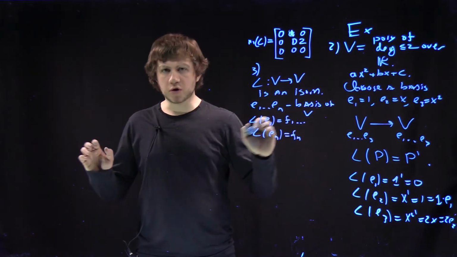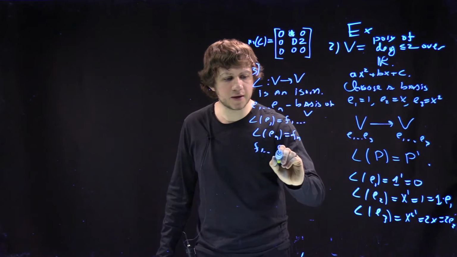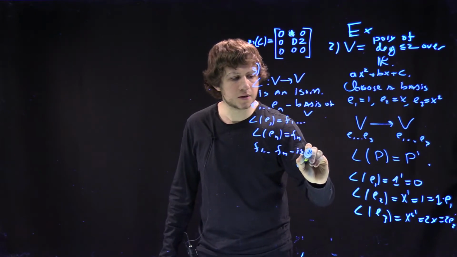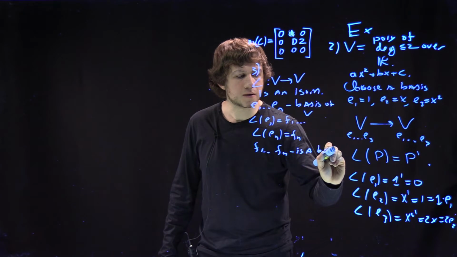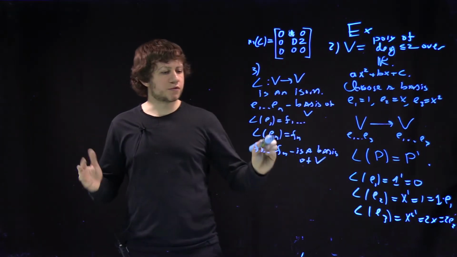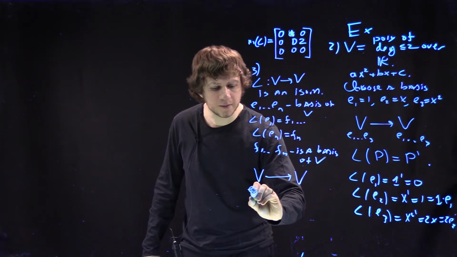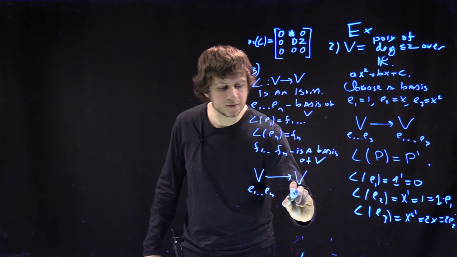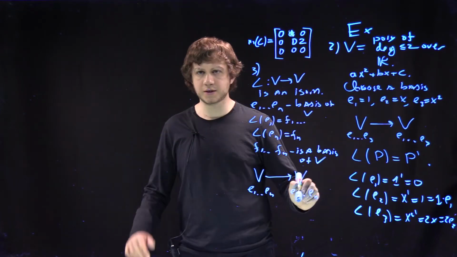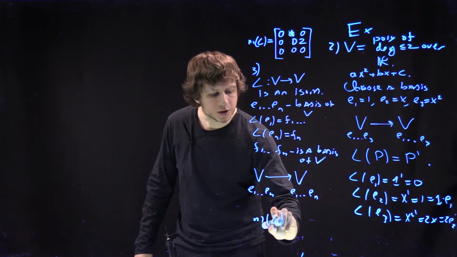And remember, an isomorphism takes a basis to a basis. So F1 up to Fn is a basis of V. And so now we can do different things. We can take V, and take in both of them the basis E1 up to En. And then the matrix of L is something interesting.